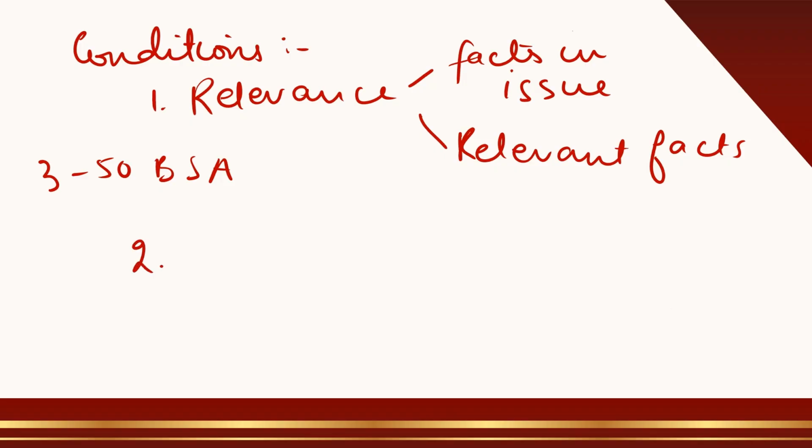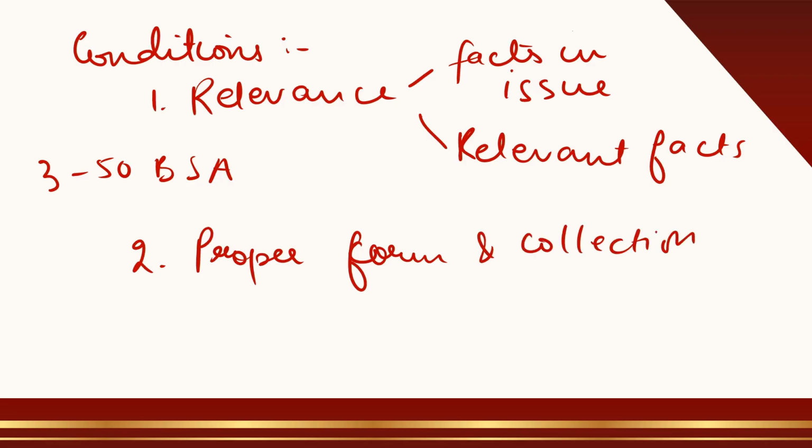The second condition is proper form and collection. Even if evidence is relevant, it must be collected legally and properly. If it is obtained through an illegal search, or if there is some violation of rights or tampering, it can be rejected.